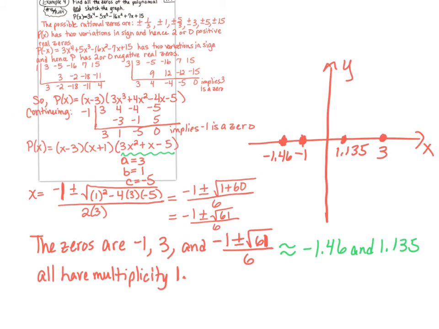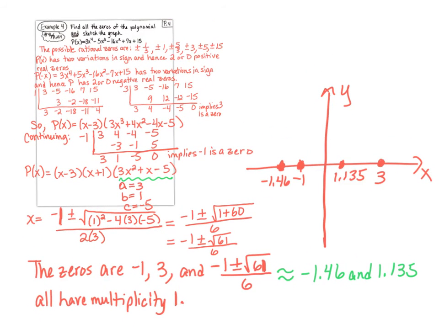Good. What's our y-intercept? The 15. Yes, you substitute 0 in, you find p of 0, you get 15. So you have your y-intercept here at 15.